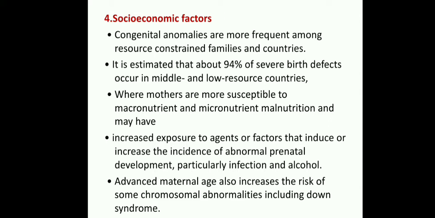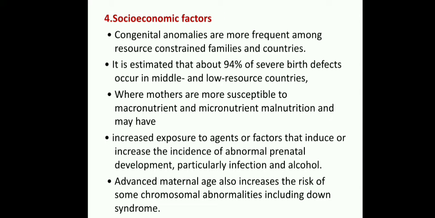Okay, and where mothers are more susceptible to macronutrient and micronutrient malnutrition. Some mothers have micro and macronutritional deficiencies. Those mothers also may have babies with congenital malformations, and that is also one of the associated socio-economic factors.